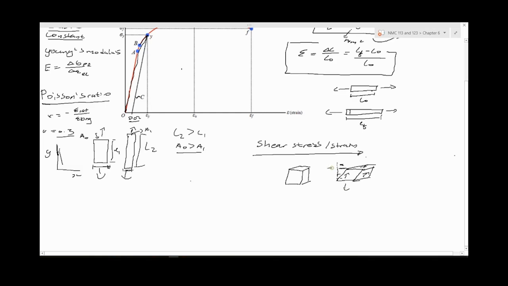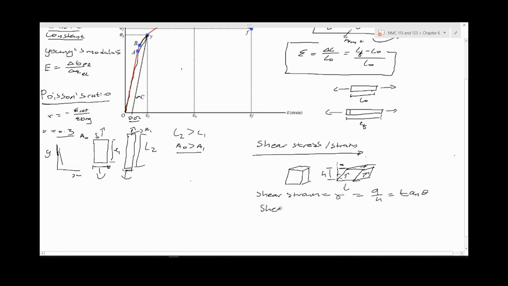The length that stretches, we may call it h. So you have a formula for shear strain, which is A over H, and that's basically tan theta.